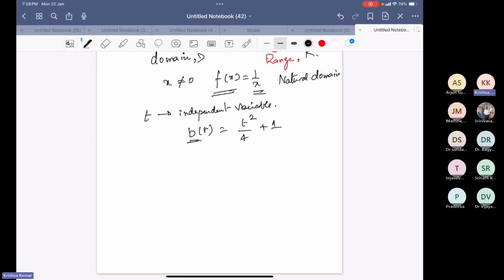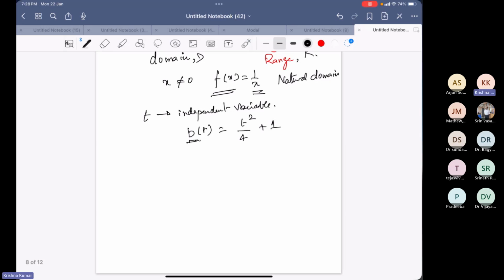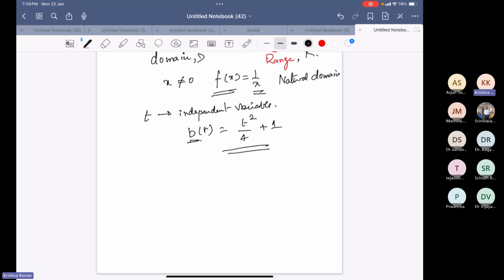But right now we say that it can be plotted. Now, this is a natural domain for this equation because we always start with t equal to 0 or greater than 0. So t greater than or equal to 0 is the domain in which this function is valid.